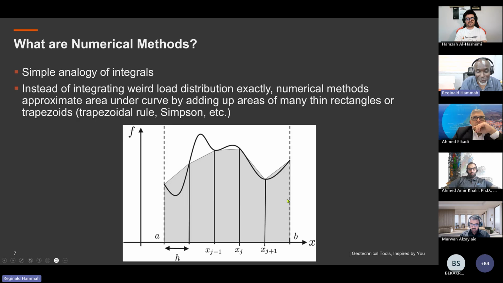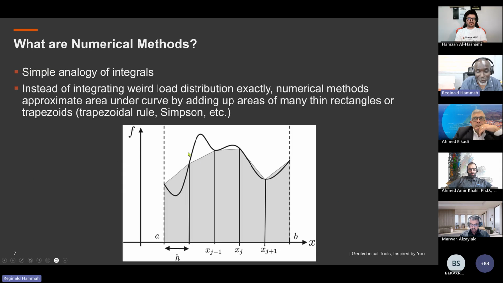And we can see from this picture that if we want a more accurate answer, we just have to discretize or split the area beneath the curve into more bins. And the more we split the area into bins, the more accurate the sum of the trapezoids gets to the area underneath the curve.